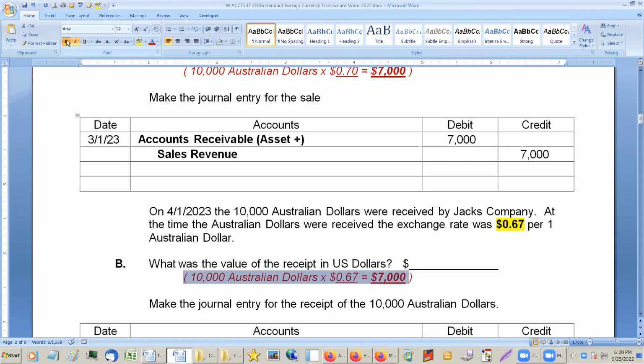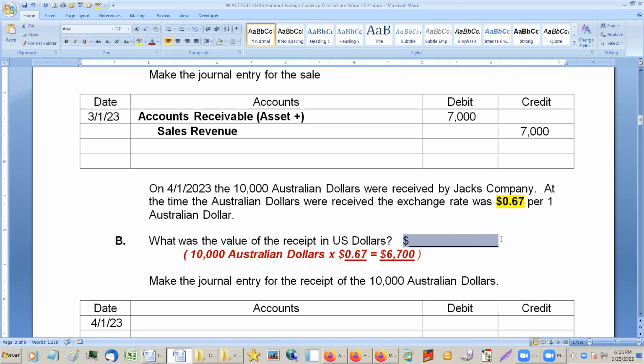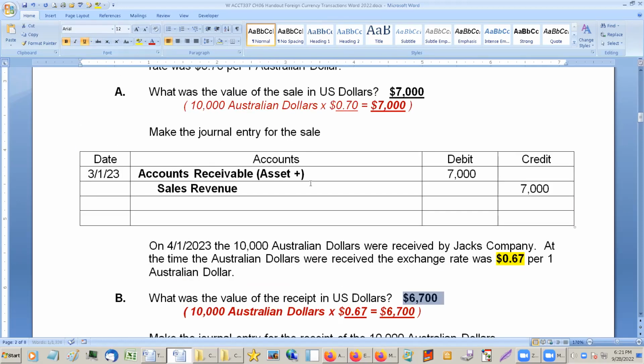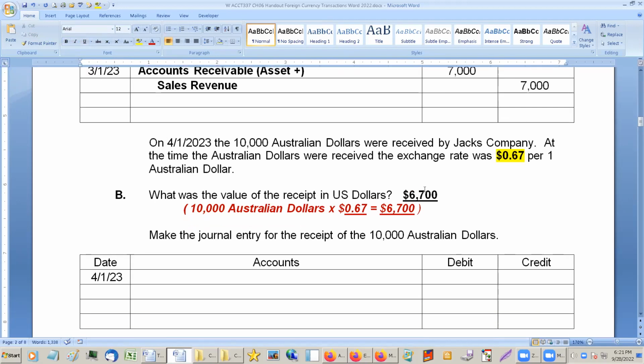Yeah, 6,700. So this will be $6,700 is what it's worth when we get the money. So that's how much cash Jack's got out of it.